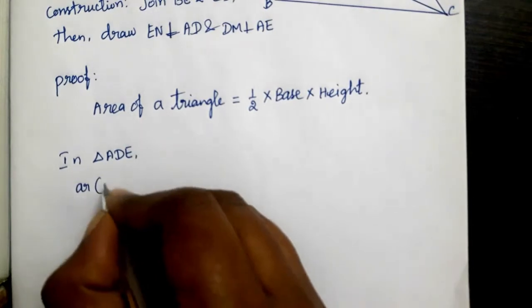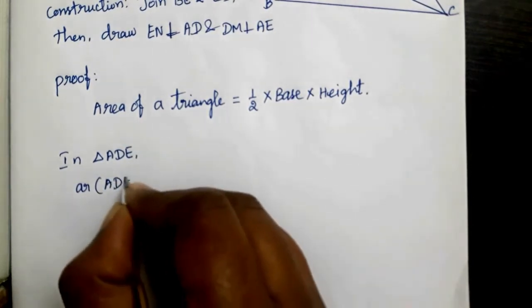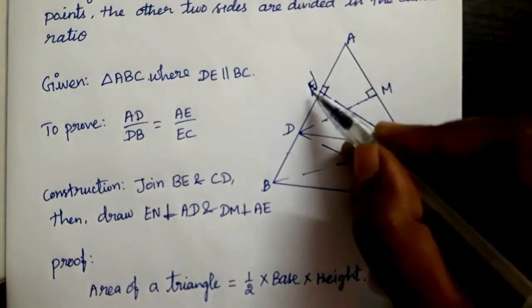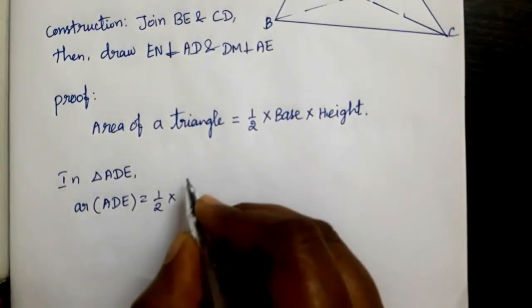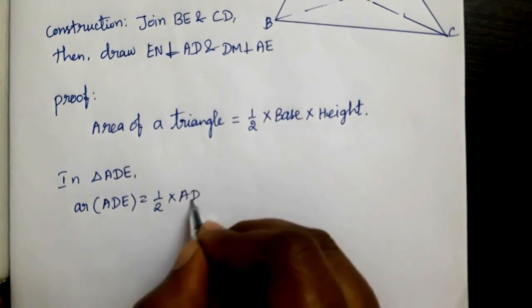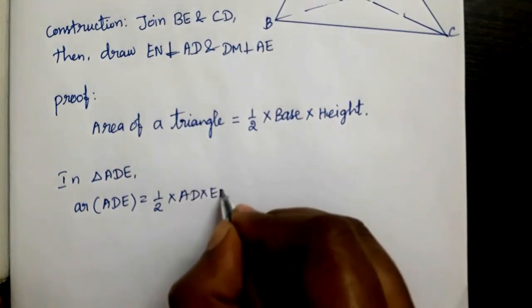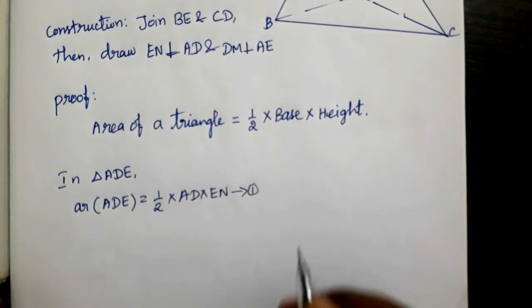So area of triangle ADE equals half into base AD into height EN. This is equation 1.